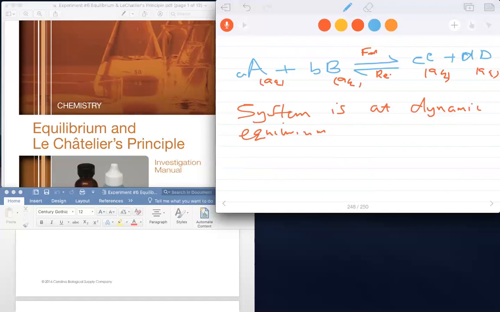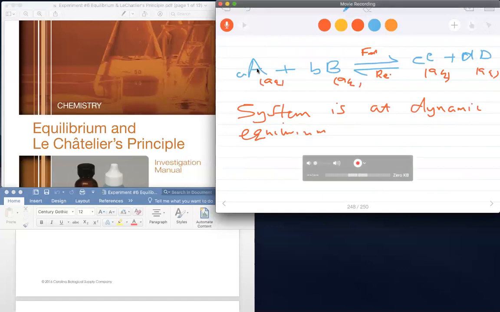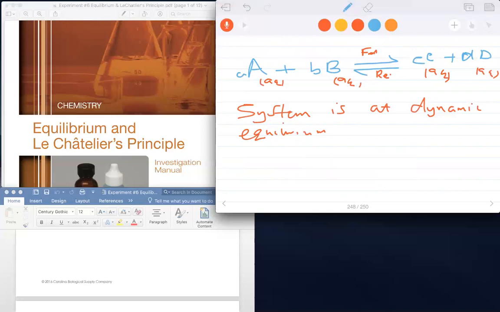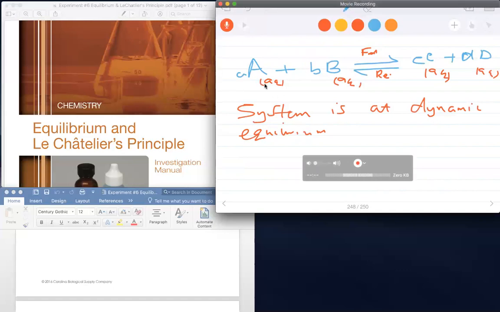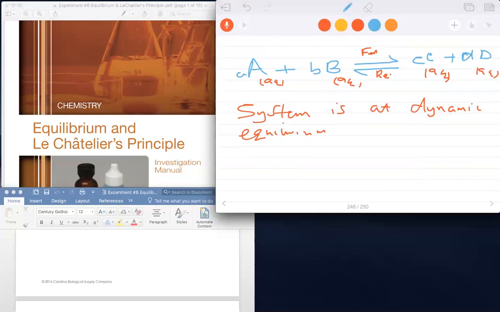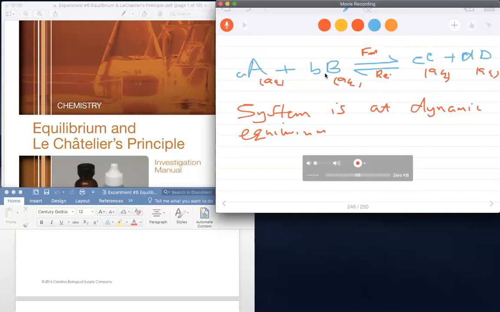If we increase any of these reagents, A and B, the system will shift away from what you are adding. Make sure you pay attention to the physical state, because some question might be like, you are adding a solid to an already solid reagent. Solids do not affect the dynamic equilibrium.